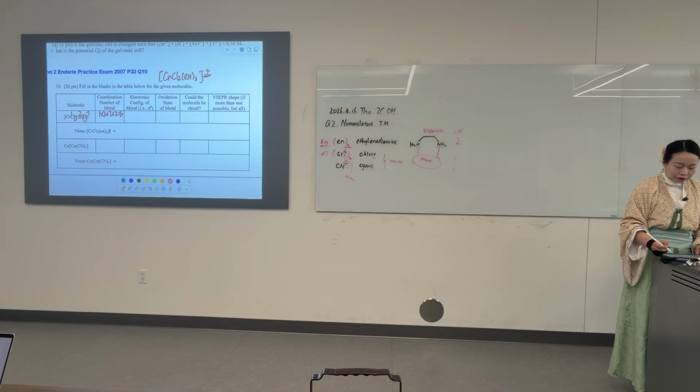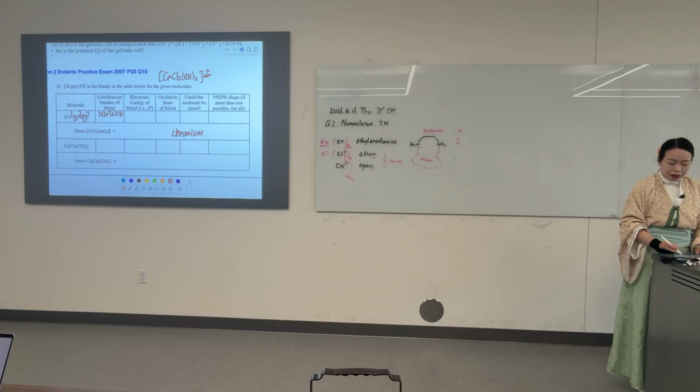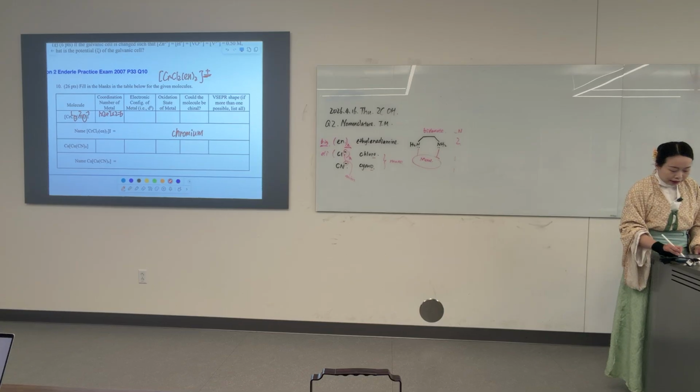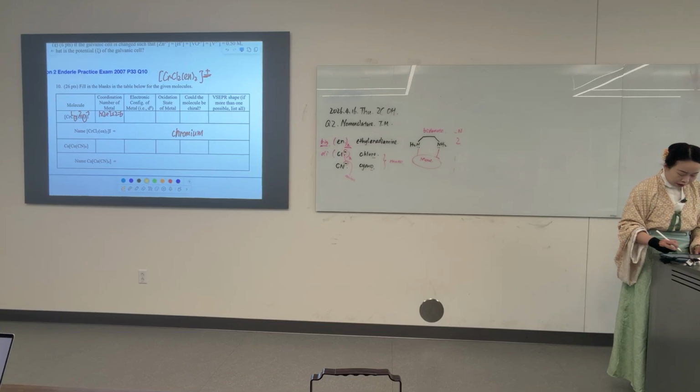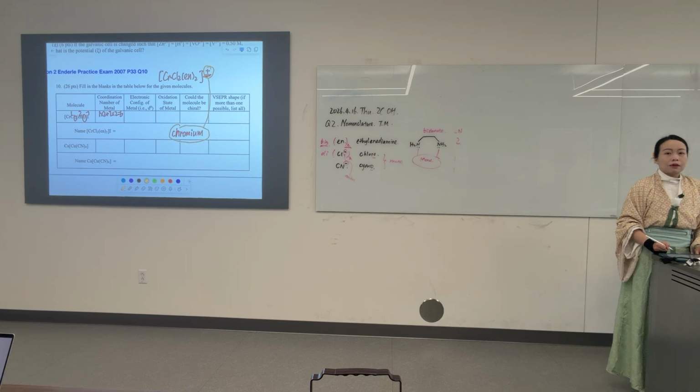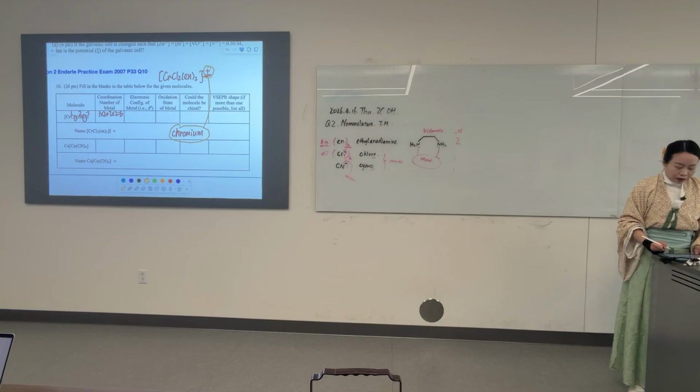Because it's positive, when I write chromium it will be in English name. Otherwise, chromate. Why does this happen? Because overall, a complex ion is positive.